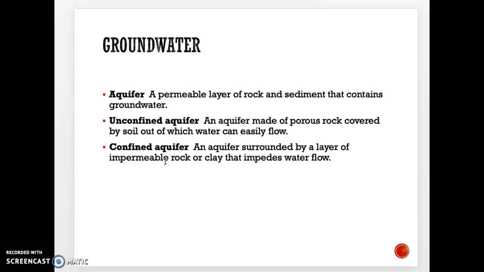So that's where we're looking at like bedrock, and we're looking at granite, or we're looking at really, really thick, dense clay where there isn't a large amount of water coming from the surface trickling down into the aquifer. It's actually blocked by an impermeable rock layer. So while both of these aquifers are very, very important, you should understand that the unconfined actually gets recharged more frequently, where the confined aquifer takes many, many years to replenish itself.